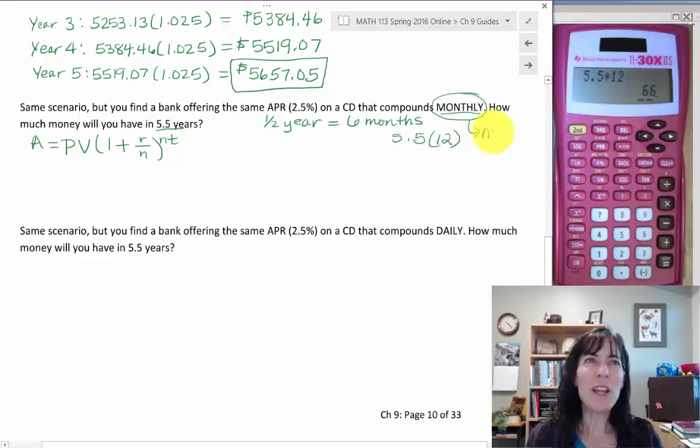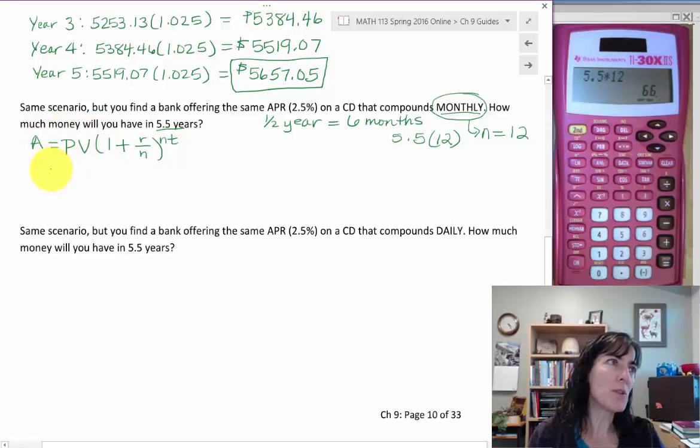So we do n equals 12. The n is how many times in a year you'll do your compounding. So if it's monthly, there are 12 times in a year that you'll do your compounding. If it's annually, which is what we had up above, then it'll be 1 time in a year that we do our compounding. So that's what that n stands for. And then the r and the t are just what we had before, and the PV, that's our starting value, and the A is the ending amount.